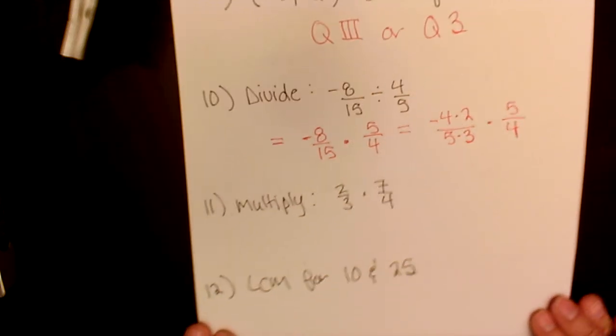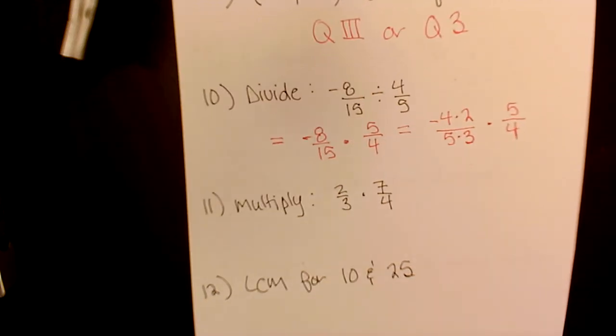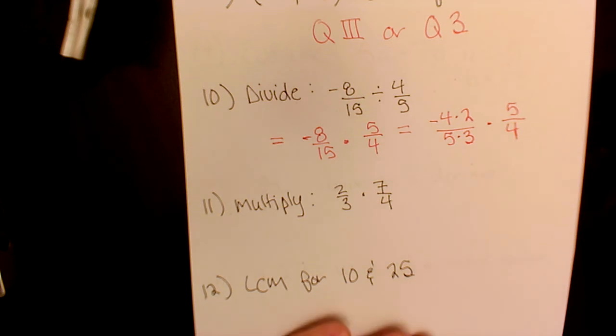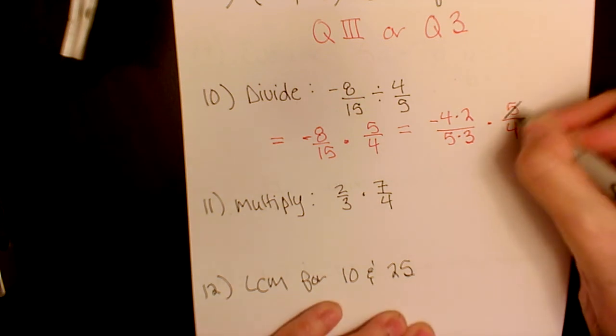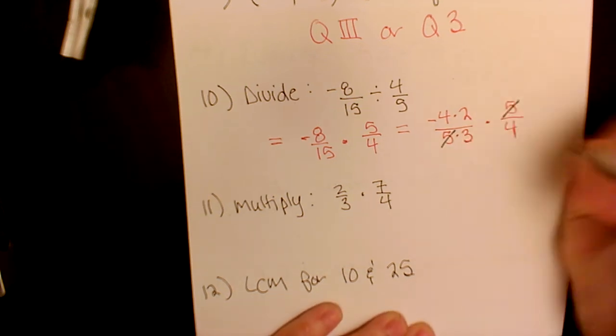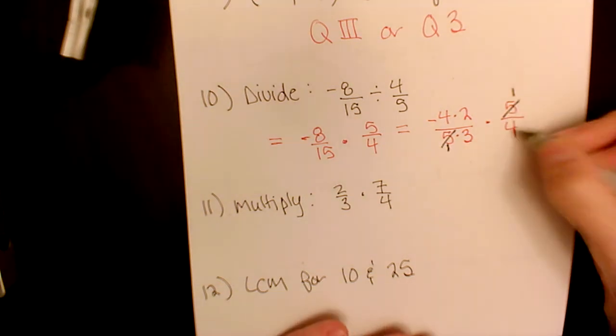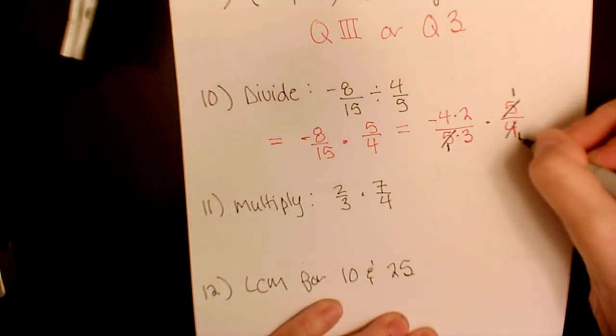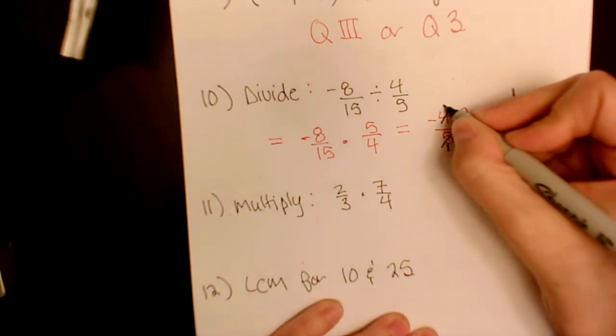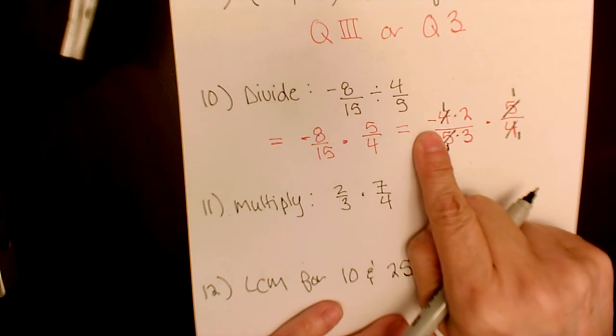Now, do you see anything matching up? Because I do. So I see the 5s. 5 goes into 5 once. 4 goes into 4 once. And this is a negative 1.